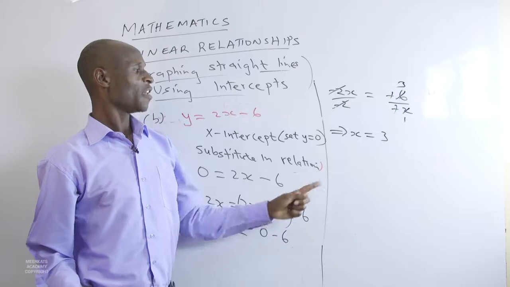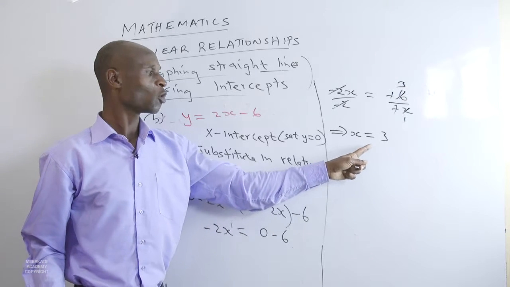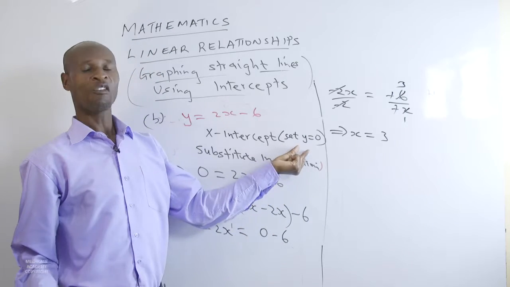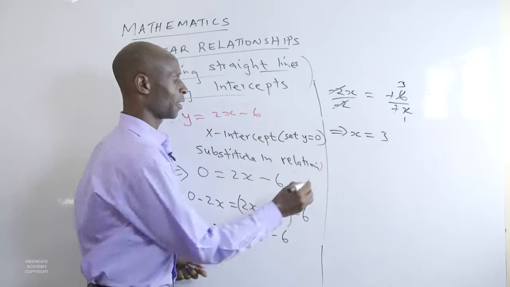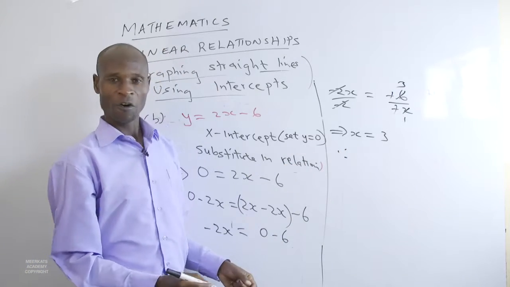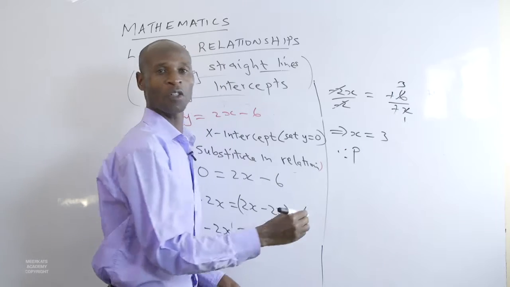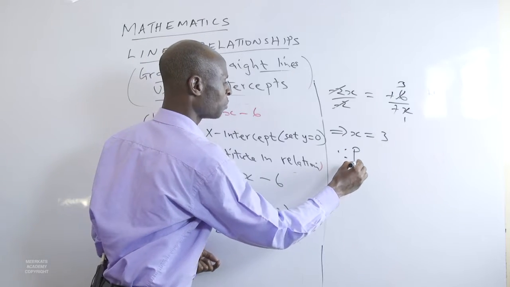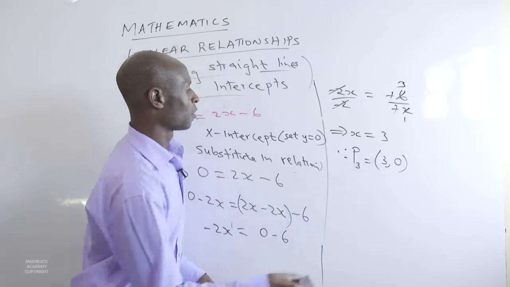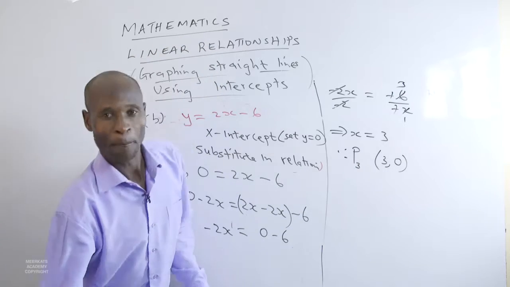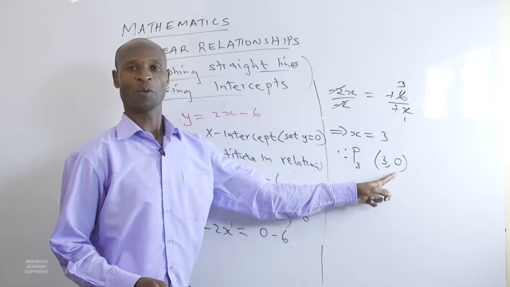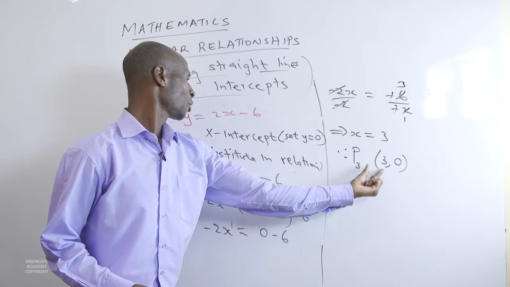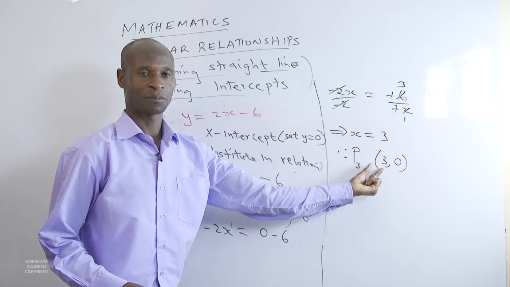That means the value of x is equal to 3 when the value of y is 0. Therefore, our point, for this case, I can call it point P3. So our point is (3, 0). So this is what we call the x-intercept.